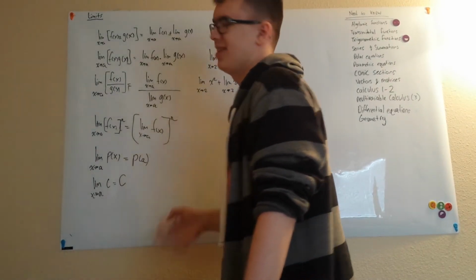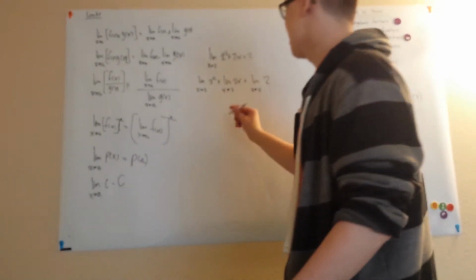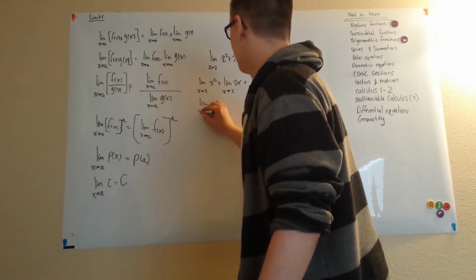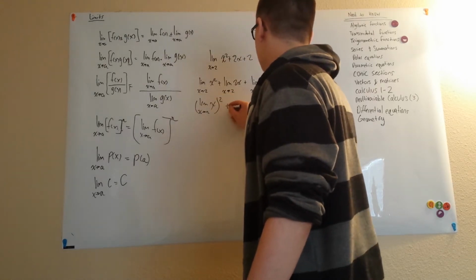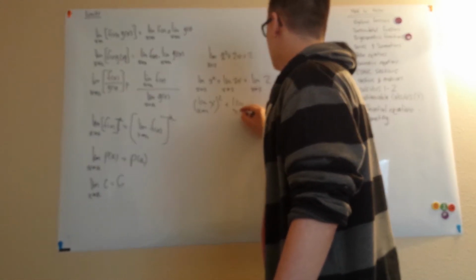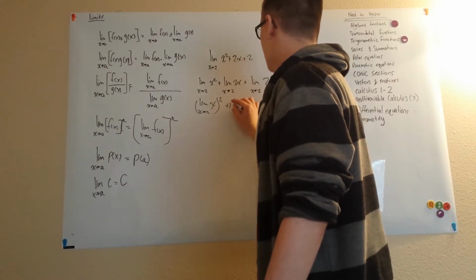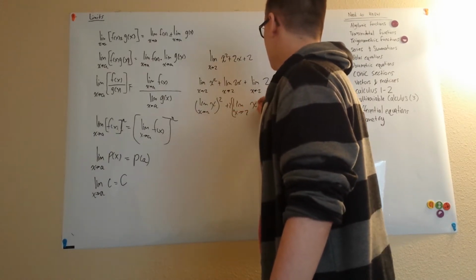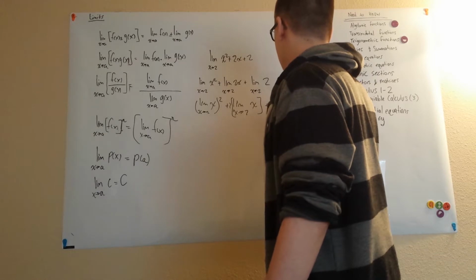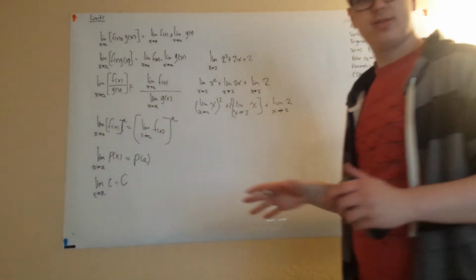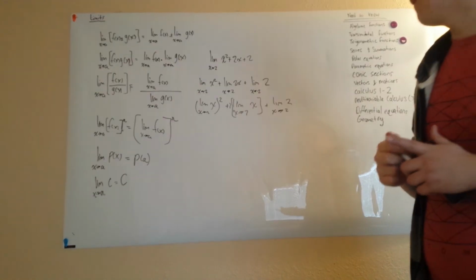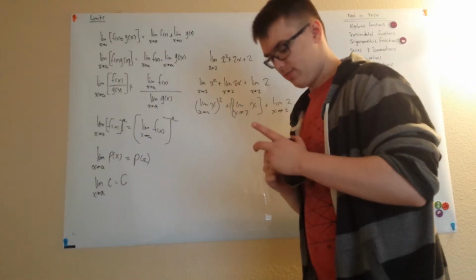I can separate, I can pull out my power, and then I can pull out my constants. I'm doing this really fast. I can pull out my constants. I can do all that. It will work.